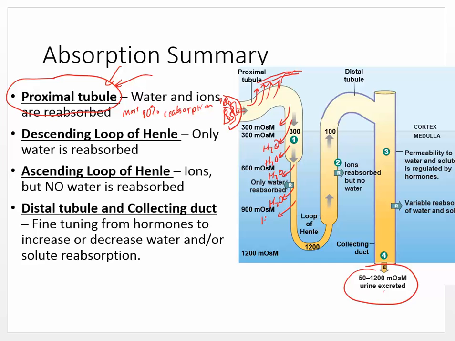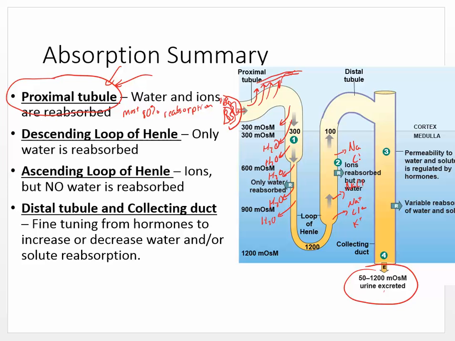So water is moving out, and then we get to the other side, the ascending loop, and guess what leaves there? Salts. Sodium, chloride, and potassium move out, but no water. Water can't move out, and that's a special property of nephrons.